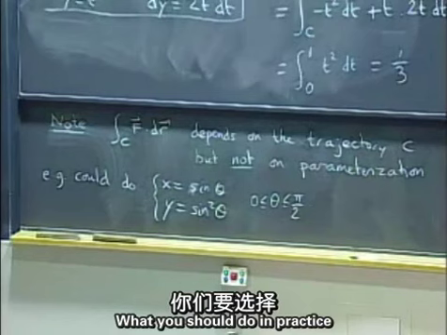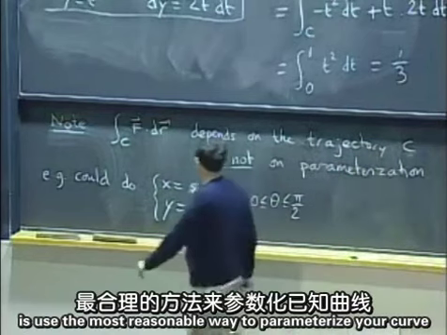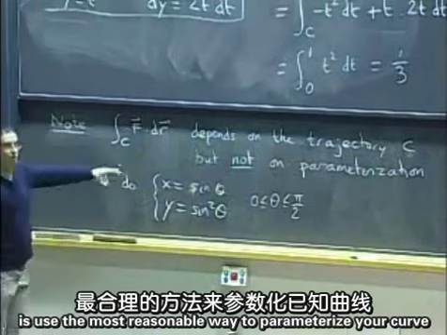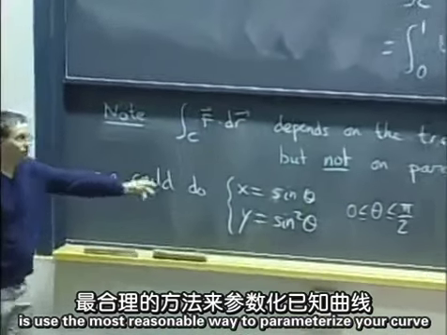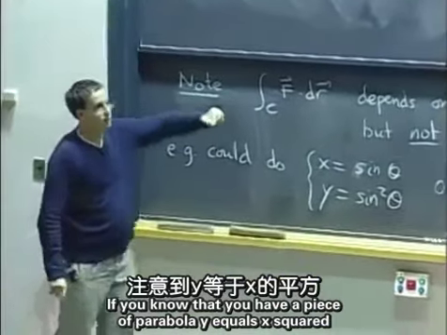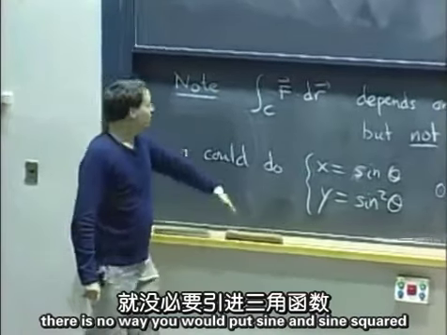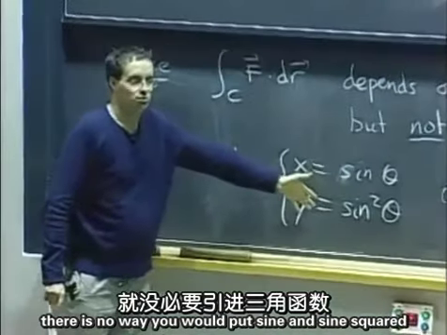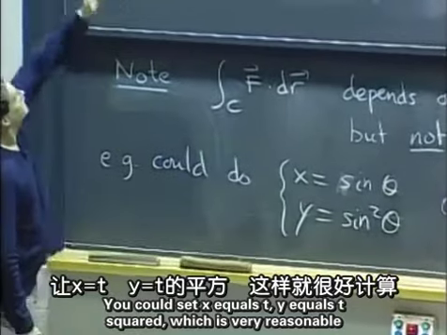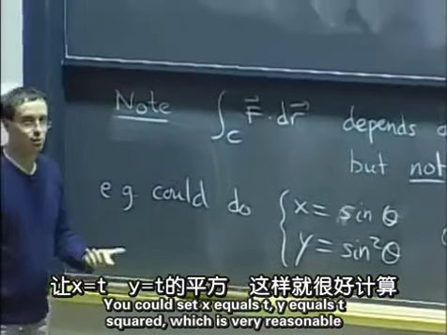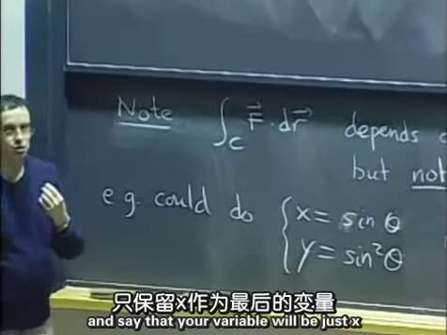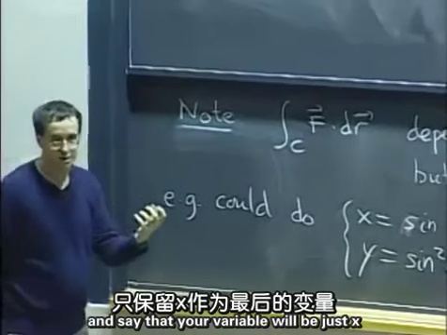Okay, so what you should do in practice is use the most reasonable way to parameterize your curve. If you know that here you have a piece of parabola y equals x squared, there's no way you will put sine and sine squared. You could set x equals t, y equals t squared, which is very reasonable. You can even take a small shortcut and say that your variable will be just x.